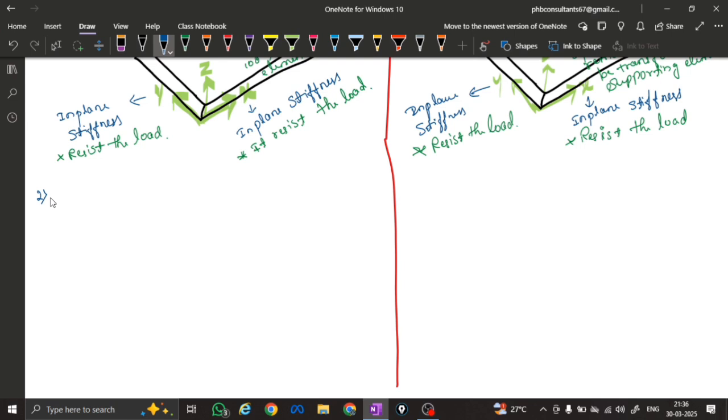Now in membrane element, load is distributed as per yield line theory. What yield line theory tells? It's the load will be transferred.